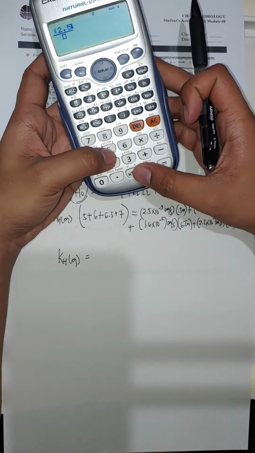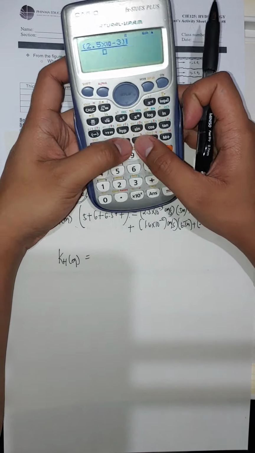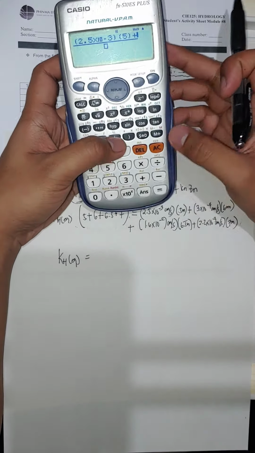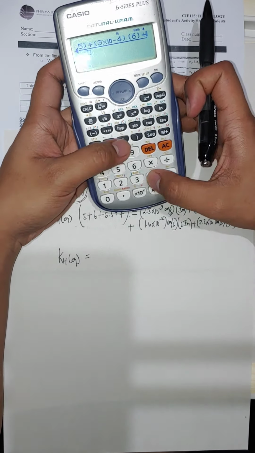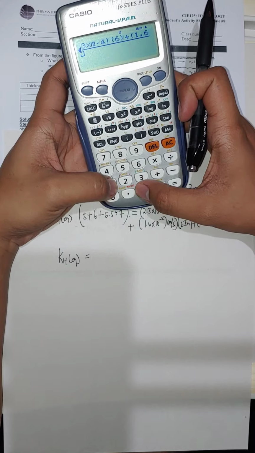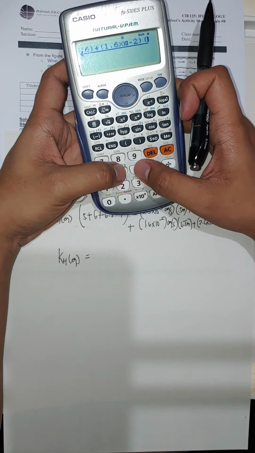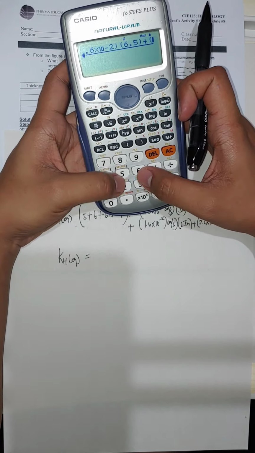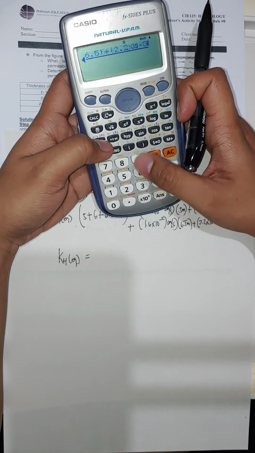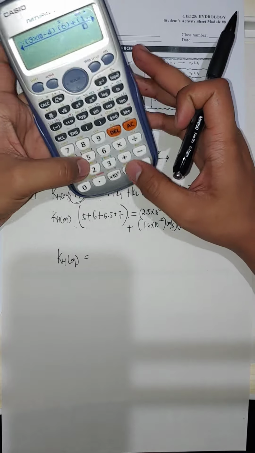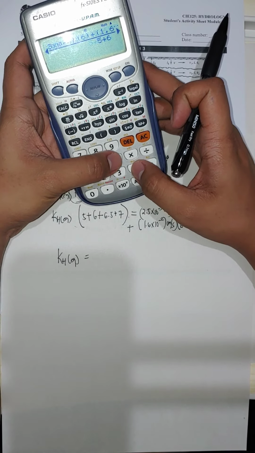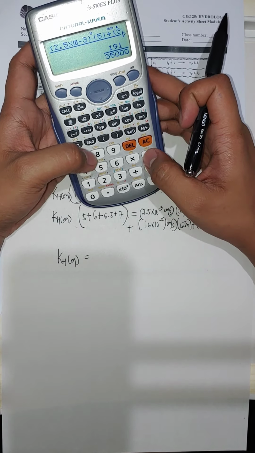So that is 2.5 times 10 to the negative 3 times thickness 5 plus 3 times 10 to the negative 4 times thickness nga 6 plus 1.6 times 10 to the negative 2 times thickness nga 6.5 plus 2.2 times 10 to the negative 3 times thickness nga 7 meters, all over this one, thickness 5 plus 6 plus 6.5 plus 7.